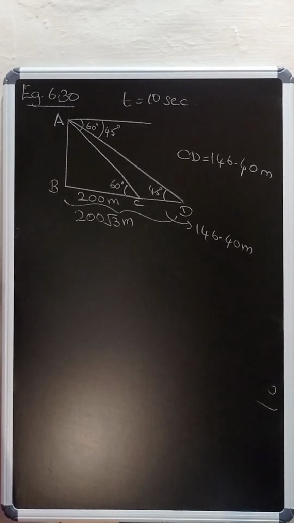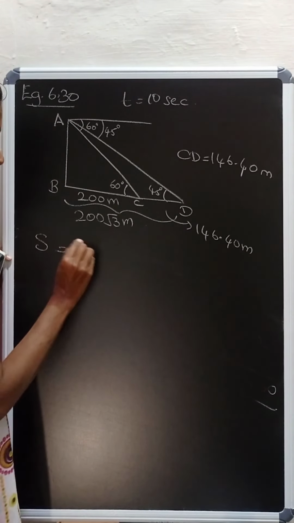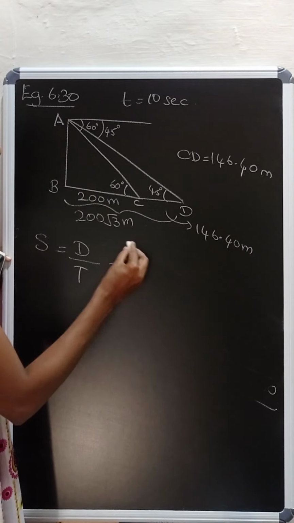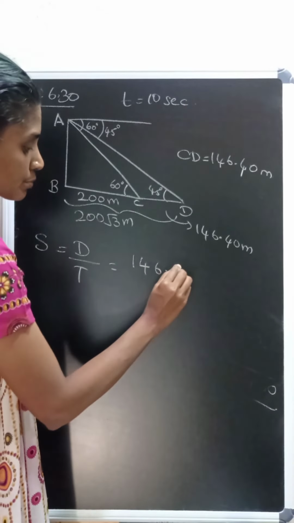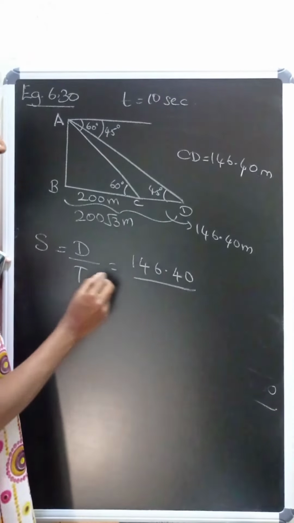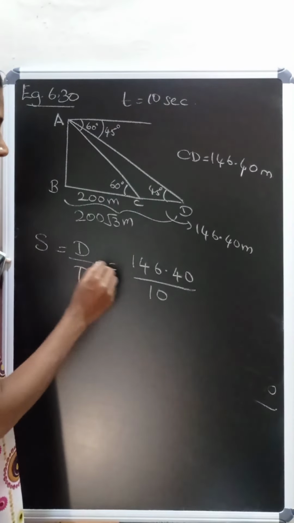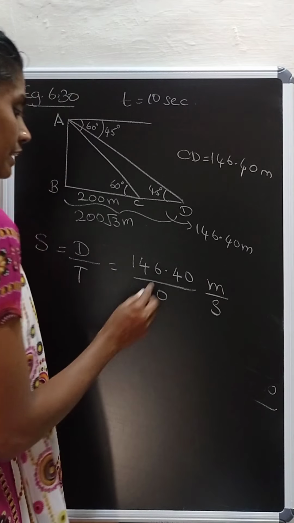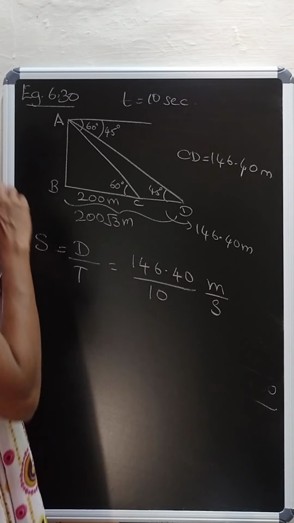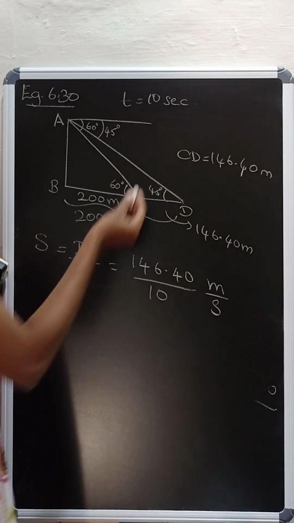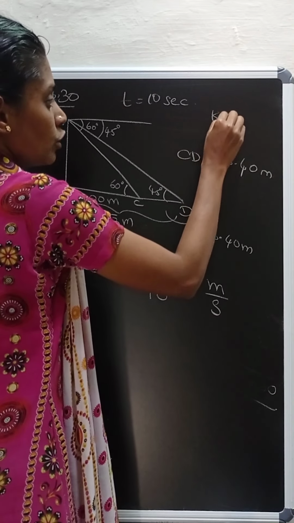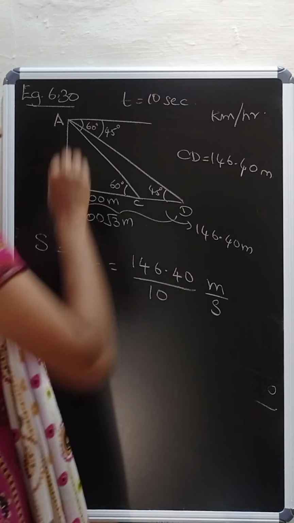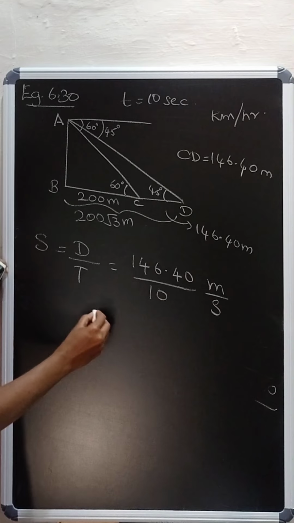We need to find the speed of the boat. So speed is equal to distance travelled by time taken. Distance travelled is 146.40 divided by time taken is 10 seconds. So this is meter per second. So we are going to get the answer in meter per second. But they have asked you to find the answer in kilometer per hour. But we have got it in meter per second.